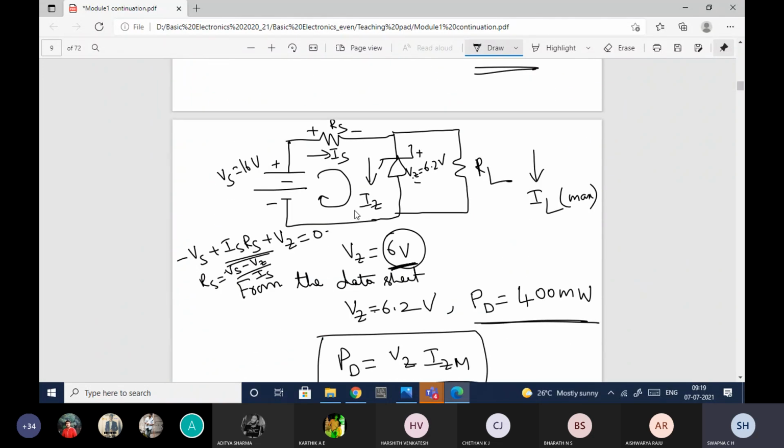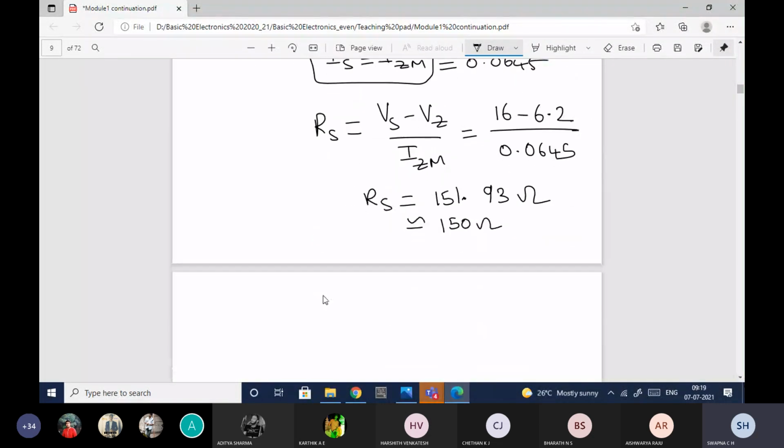As I've mentioned, the relationship between IS, IZ and IL is IS is equal to IZ plus IL. Here he is saying that IL is maximum. If this is maximum, IZ should be minimum, because the maximum current that can flow through the current limiting resistor is IZM. So IZM is equal to IZ minimum plus IL maximum.